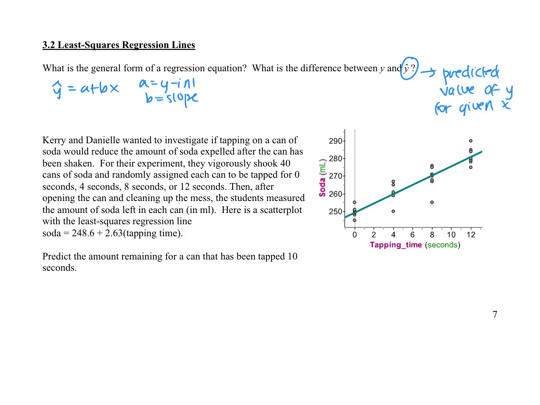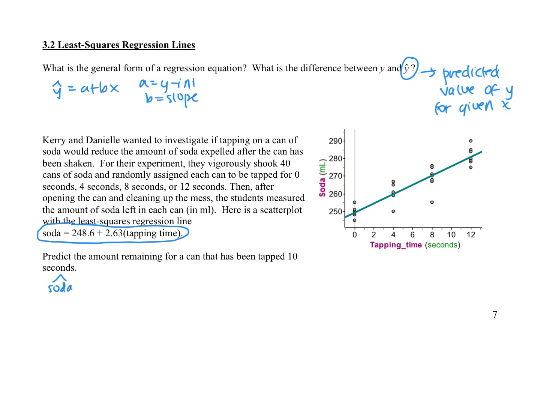Okay, so we see the data, we see the line of best fit, and then this is the equation of the line of best fit. So first thing that we can do is we can predict the amount remaining for a can that had been tapped for 10 seconds. We're just substituting 10 into the equation. So we would say, really, this should be soda with a hat on it.